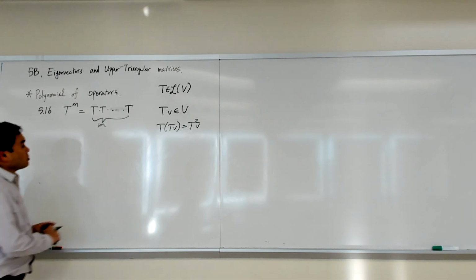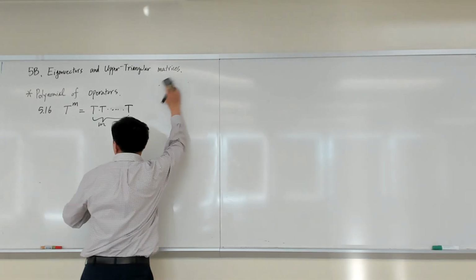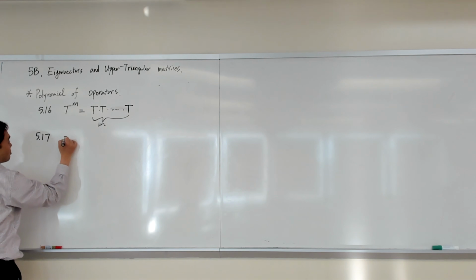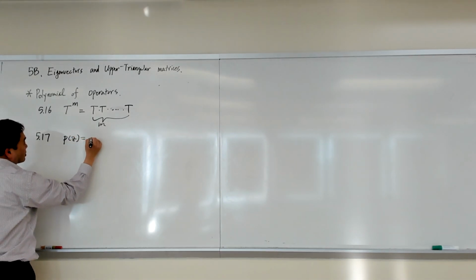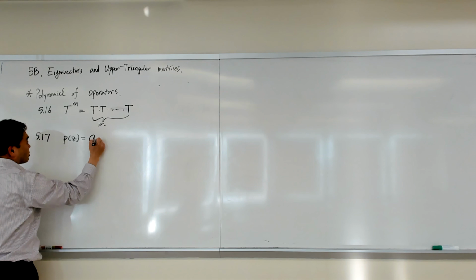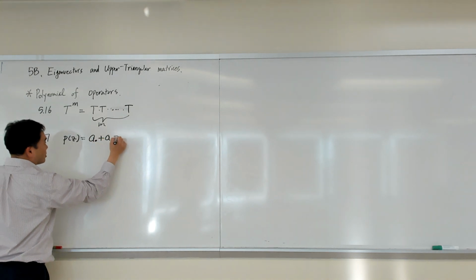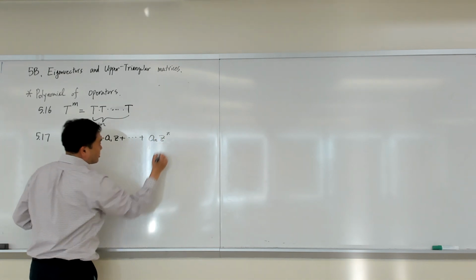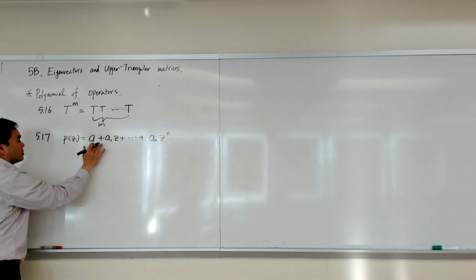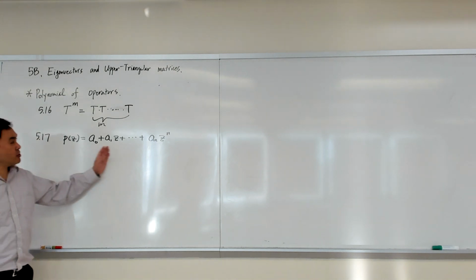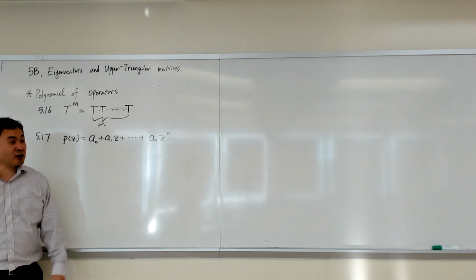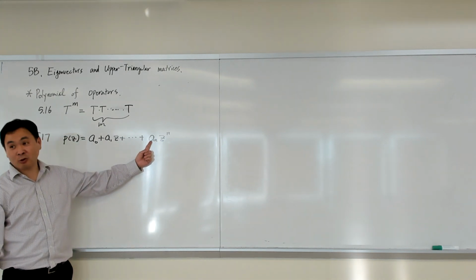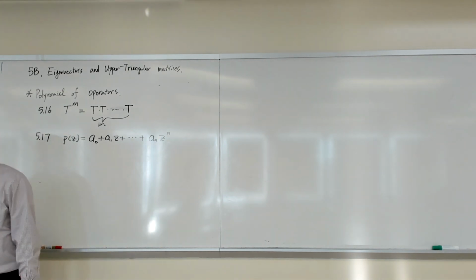And not only that, suppose you have P of Z as A0 plus A1Z plus and so on up to AN Z to the N. I wrote this in increasing order because it's easier for me to have the index of the coefficient match with the exponents, okay?